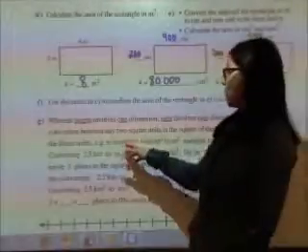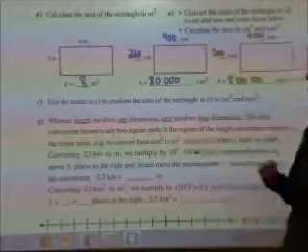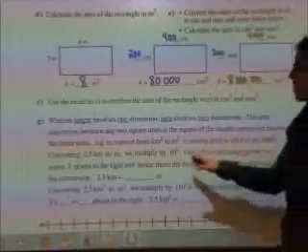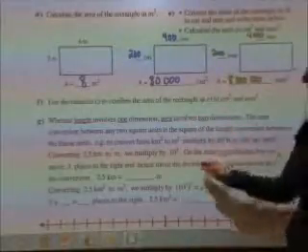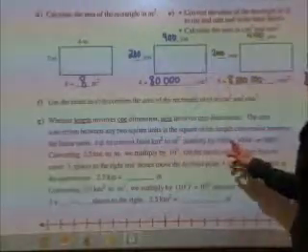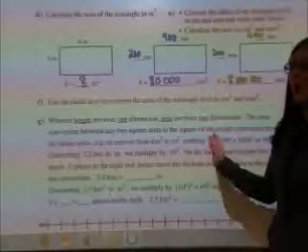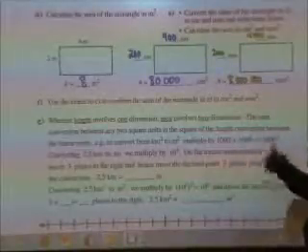So to convert between square units, for example from kilometers squared to meters squared, I have to multiply by that scale factor twice. So if the conversion from kilometers to meters is to multiply by 1,000, when it's squared, I multiply by 1,000 twice.